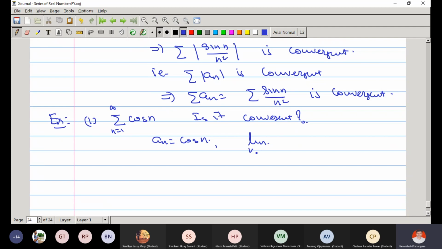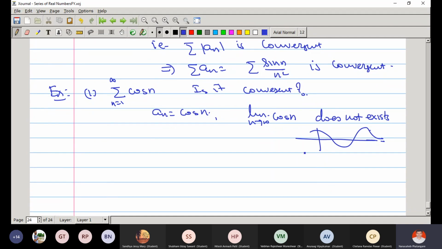And what is the limit as n tends to infinity of cosine n? Does not exist. Because if you see the graph of cos, as n increases, the values of cos are oscillating. The proof is not easy at this stage, but the series is divergent. This limit does not exist.